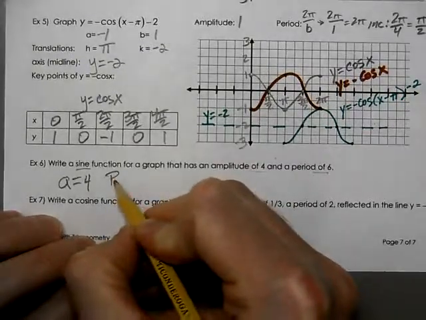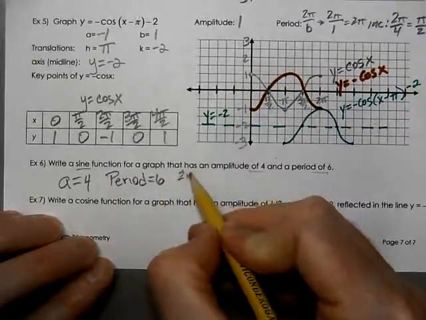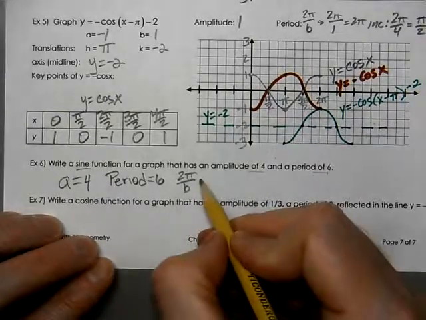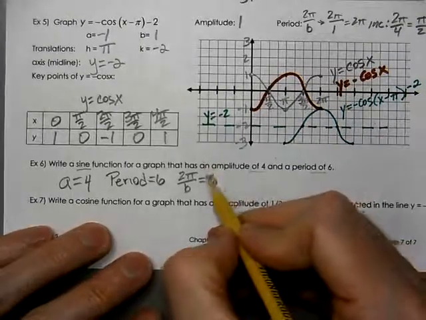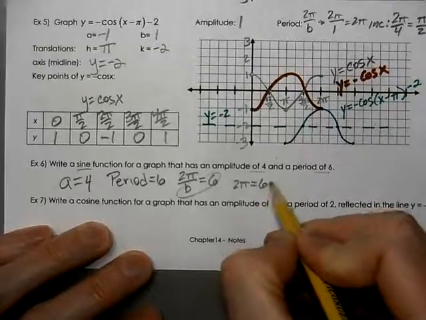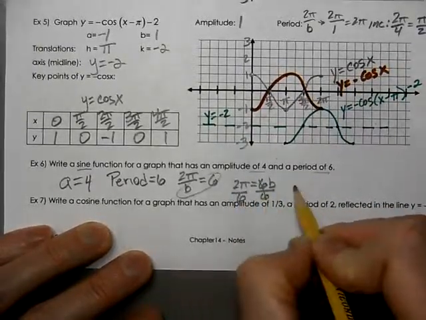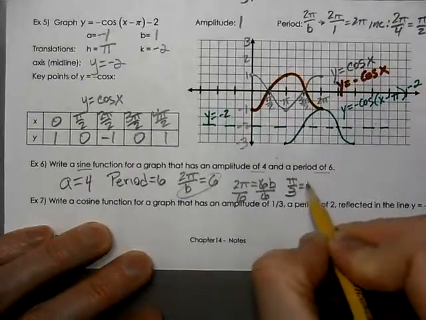The period equals 6. Well, we know that to calculate period, we use 2 pi divided by b. The b value is what we need for the equation. So I'm going to have to cross multiply to get 2 pi equals 6b. Divide by the 6 to get pi over 3 to equal b.